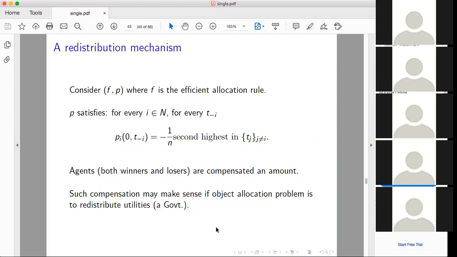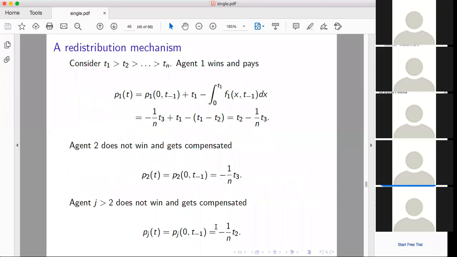So you want to give as much utilities, not value, but utilities, to the agents. Remember, if you achieve complete redistribution, then the sum of utilities of all the agents will be T1, right? So that's the maximum possible sum of utilities agents can get.